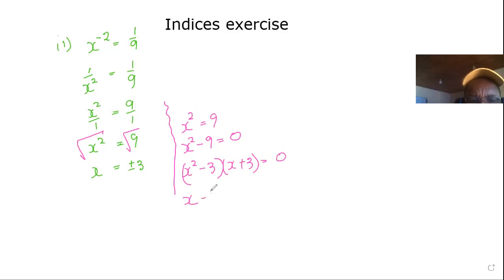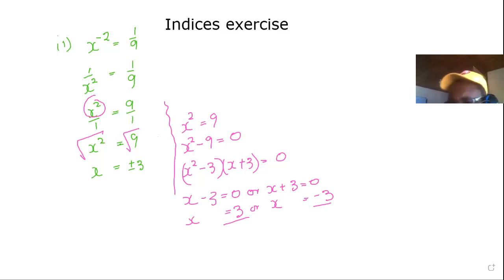Therefore, x minus 3 is equal to 0, or x plus 3 is equal to 0. Therefore, x here is equal to 3, or x is equal to -3. We need to have two values of x because we have x squared there.